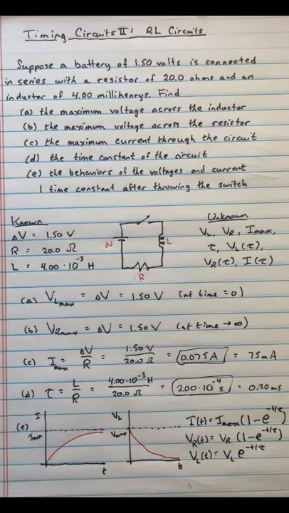Now, we've already talked about this in a previous video, that one time constant, you will get e to the minus 1, if you will, is 0.368, round it off a little bit. Or, if you would like to say this, if you talk about the voltage across the inductor, it starts at a maximum, it's down to about 37% of its original value.